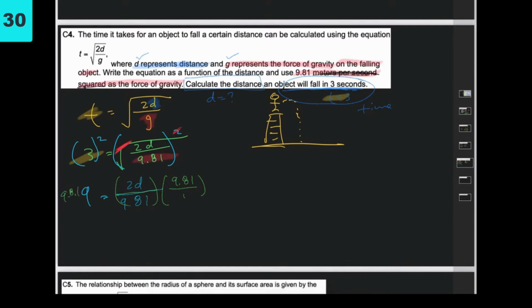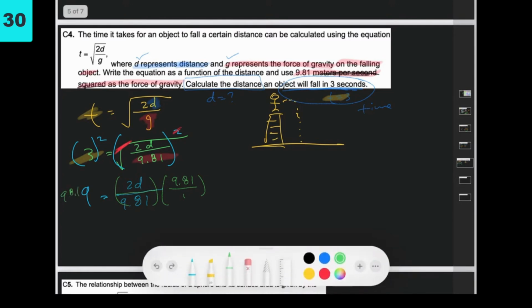Okay. These are going away, and you're gonna be left with 2d times 9.81. 9.81 times 9 gives me 88.29.